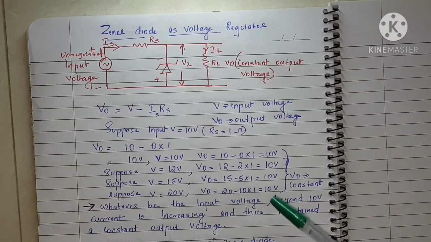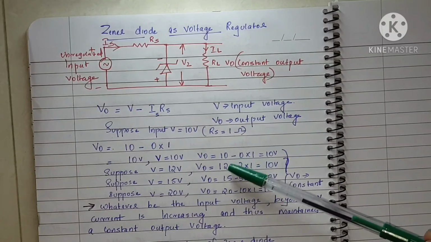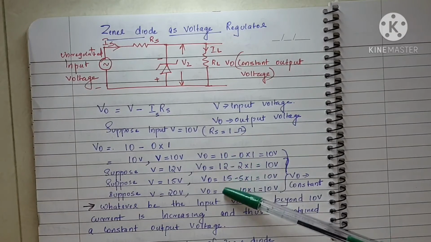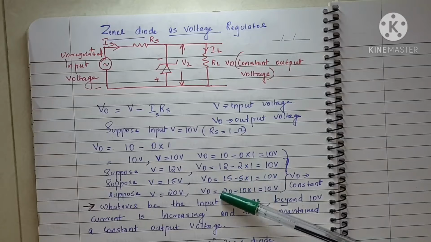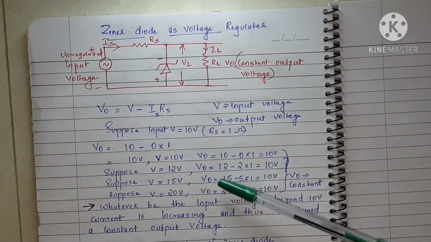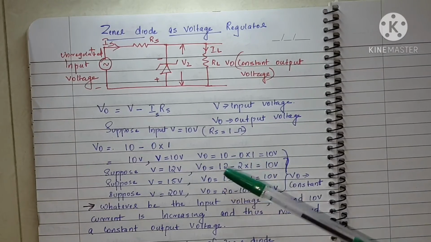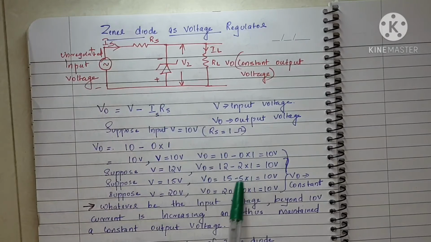Whatever input voltage we apply, we are getting a constant output voltage. How are we getting constant output voltage? Here we are increasing the input voltage. So whatever input voltage we provide, the current value increases. But the resistor value is constant.